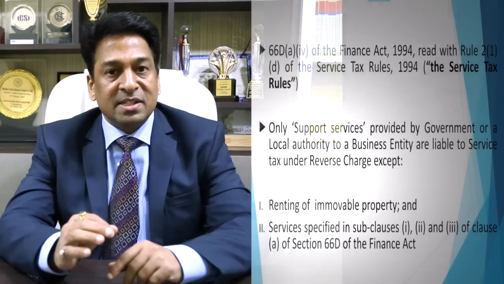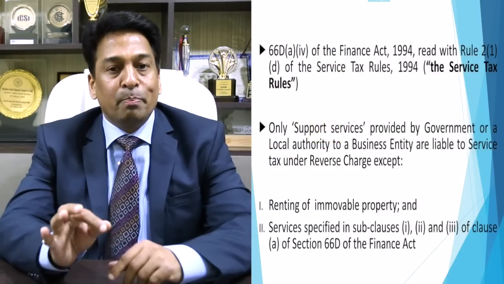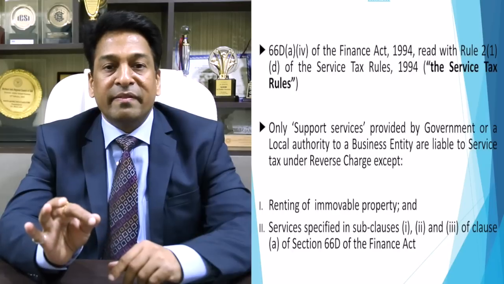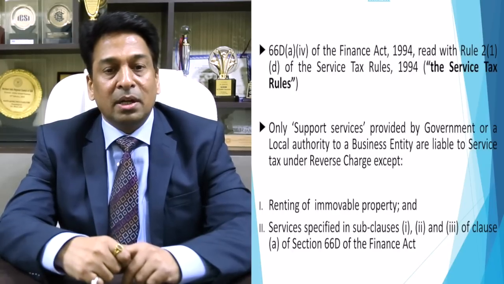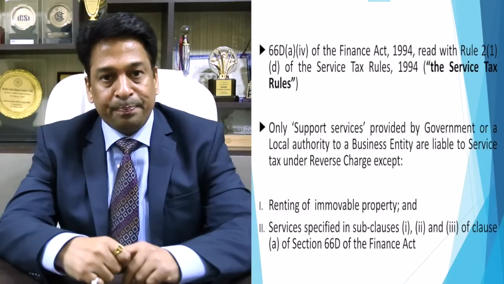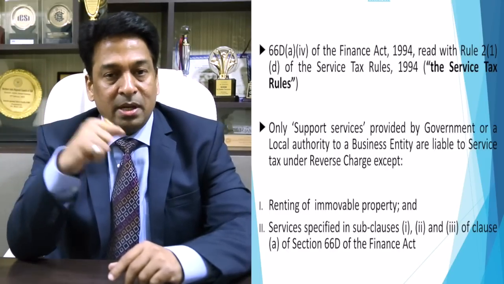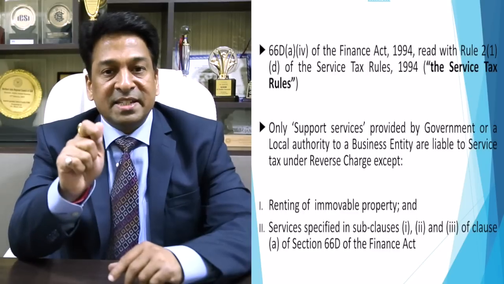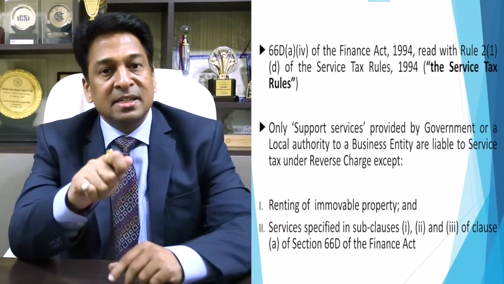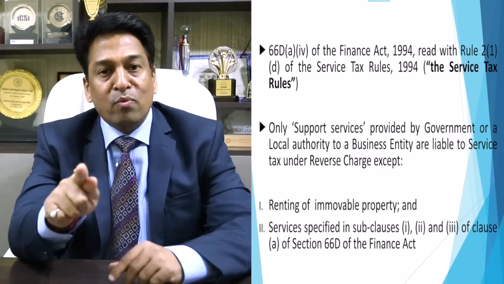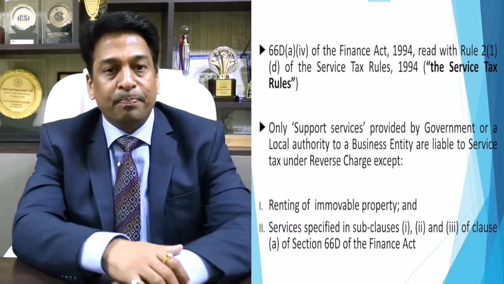Now, support services provided by government or local authority to a business entity are under reverse charge mechanism by notification number 30/2012, except renting of immovable property or services as specified under section 66D subclause A Roman 1 to Roman 3, as discussed just a while ago.